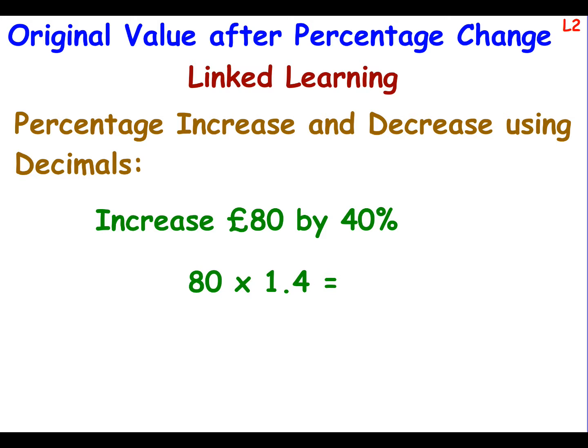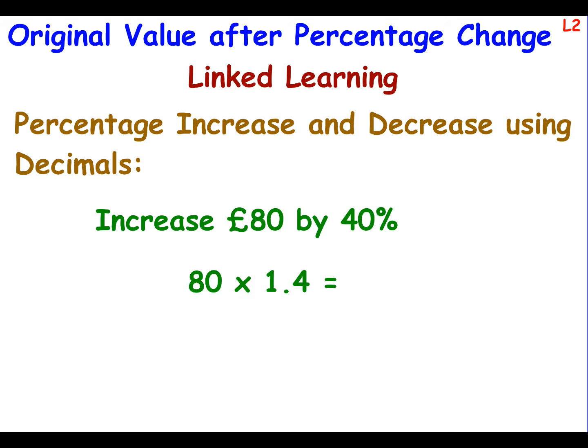The other part of the learning outcome for this lesson is to work out the original value of something after a percentage change. And this links to percentage increases and decreases that we've used before, but using the decimal system.